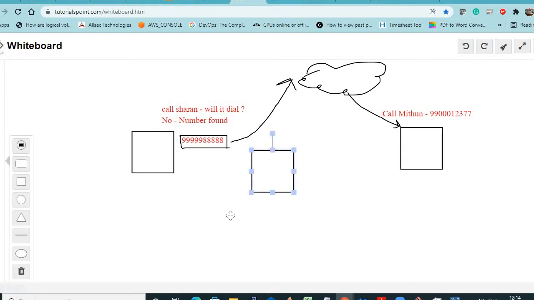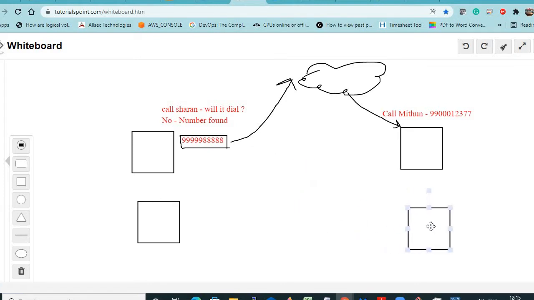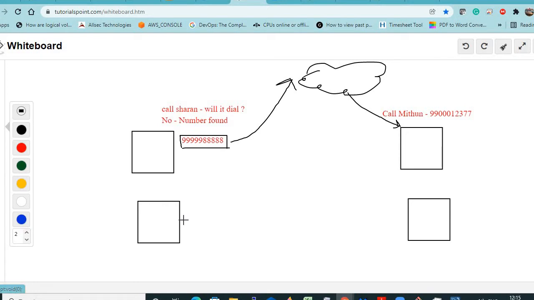The same concept is also with computers, but they don't have a 10-digit number. If you want to send or receive a message between two computers, this is the very smallest network, I would say.